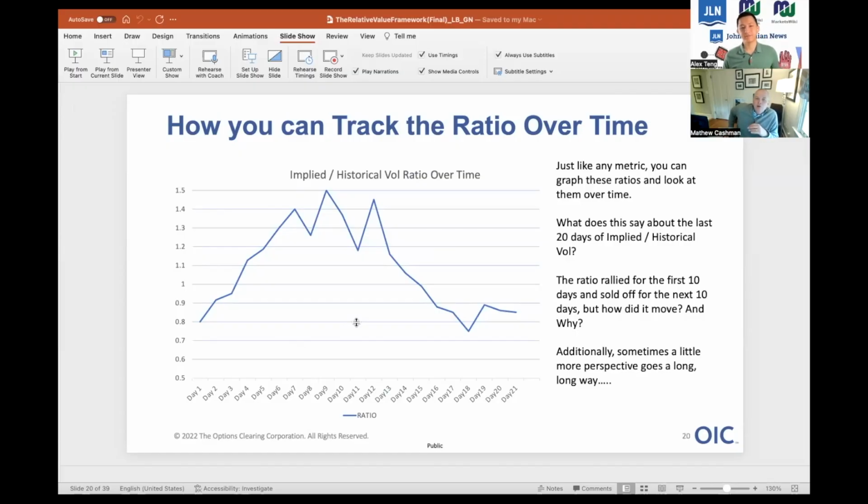Yeah, so when I talk about looking at them over time, what I'm talking about is basically doing the exact same thing that you do when you look at a stock graph. Instead of looking at the overall price of a stock, you can graph the ratio itself over time.